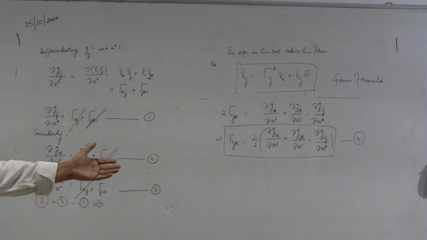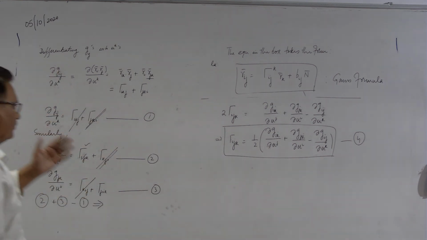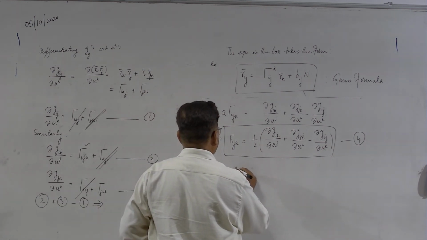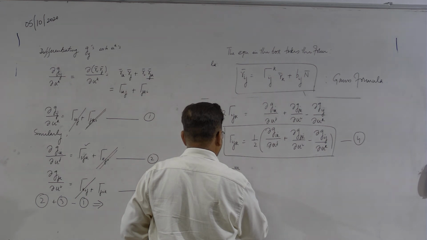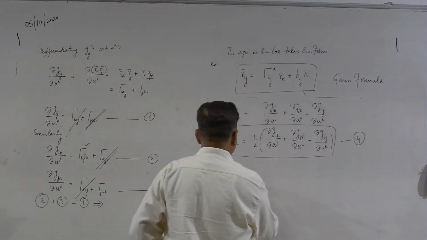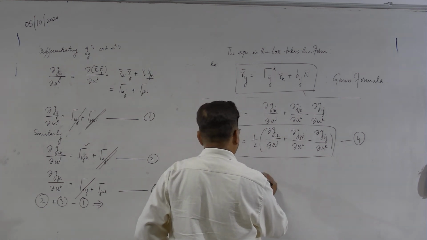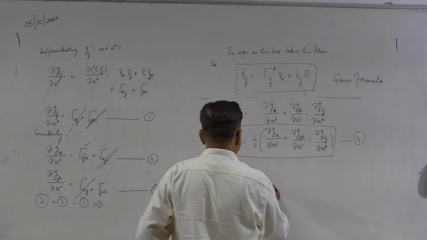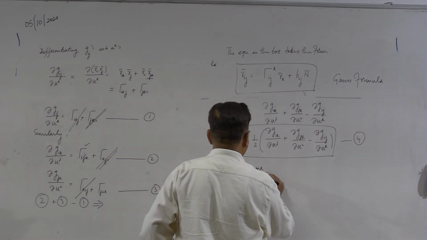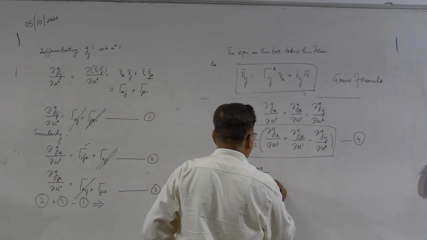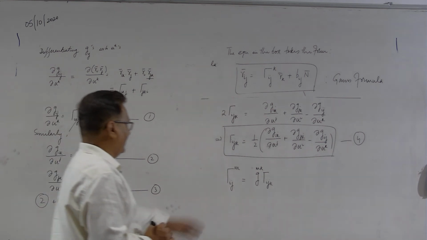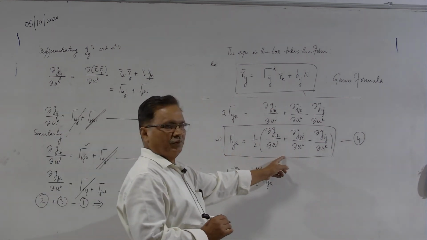Similarly, I can find a formula for the Christoffel symbol of the second kind. For example, what will be Γ^m_ij? This will be equal to g^mk into [ij,k]. I can write it like this. And now the value of [ij,k] is available to me.